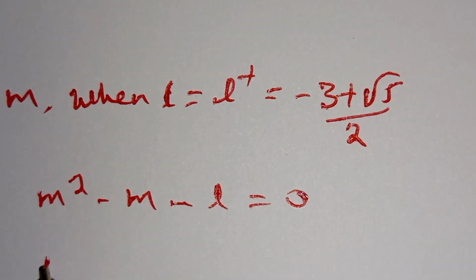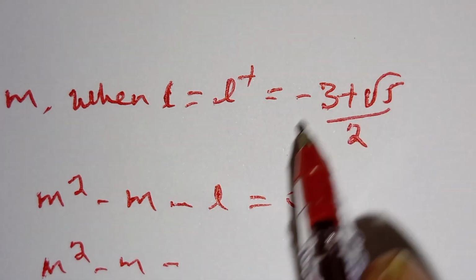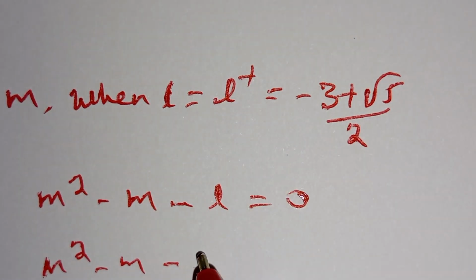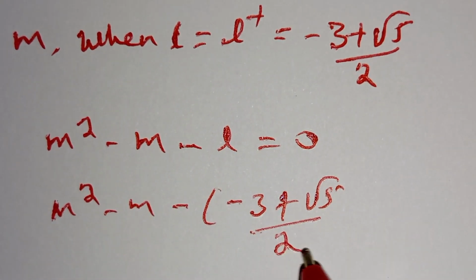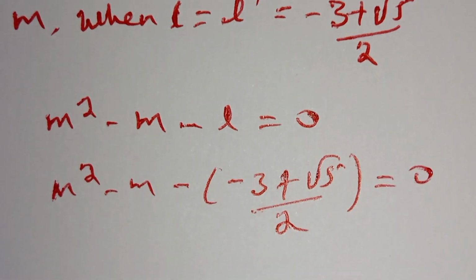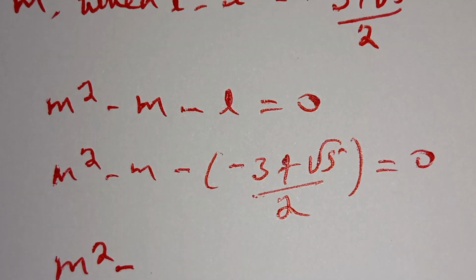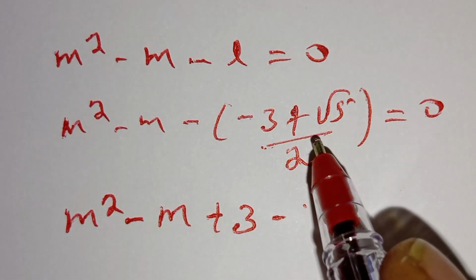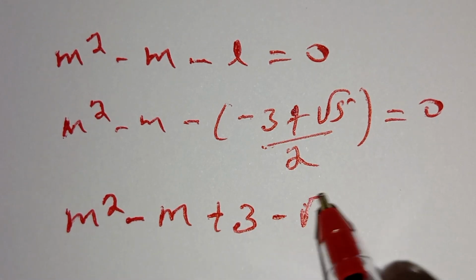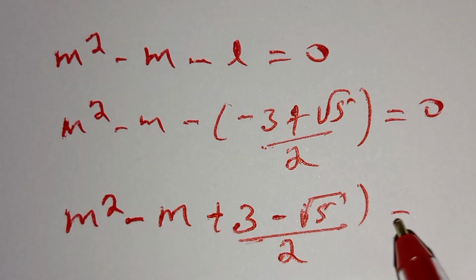So this m squared minus m minus this L plus value, minus 3 plus root 5 over 2, is equal to 0. So this is m squared minus m plus 3 minus root 5 over 2 is equal to 0.